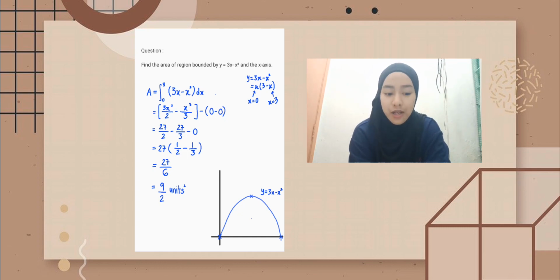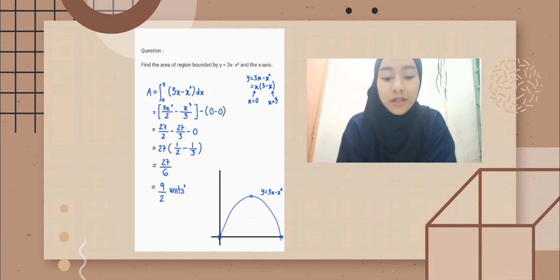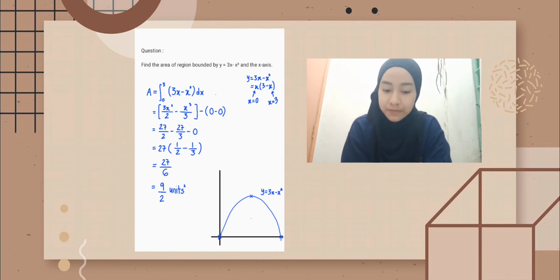From the factor x, we get x equals 0. From the 3 minus x factor, we get x equals 3, and these are our x-intercepts.